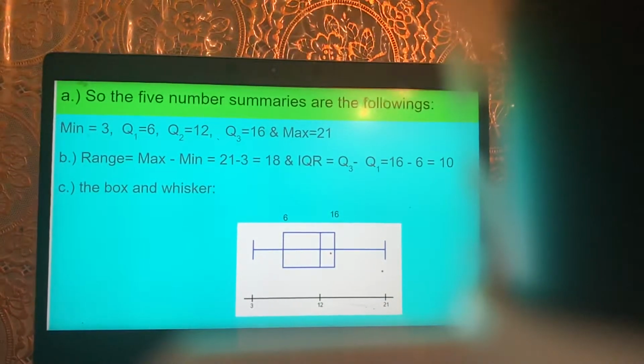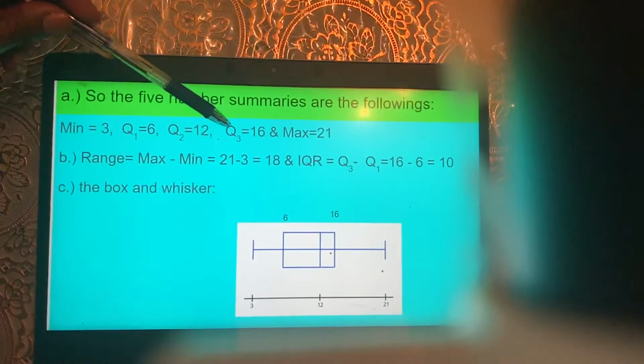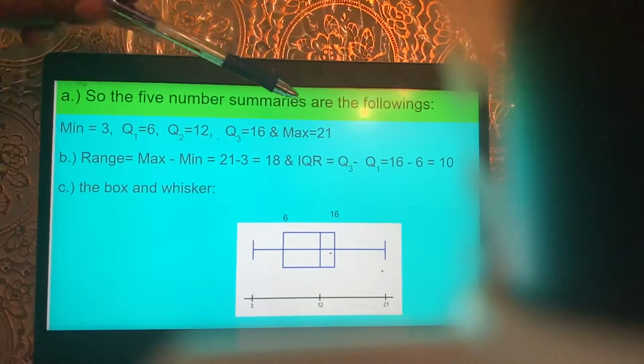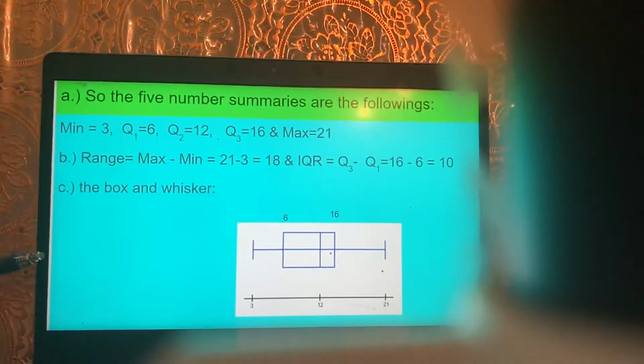So the 5-number summary is the following: minimum 3, Q1 6, Q2 12, Q3 16, and maximum 21. The range is the max minus the min, which is 21 minus 3, or 18. The interquartile range is Q3 minus Q1, which is 16 minus 6, which is 10.